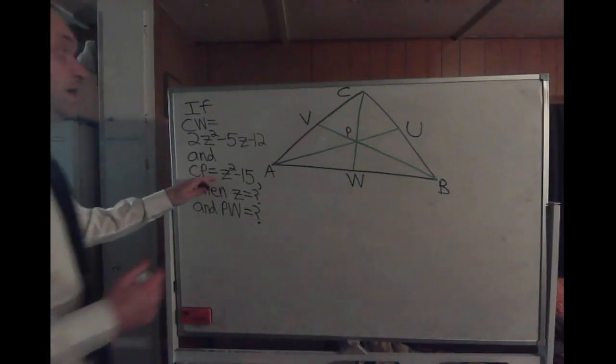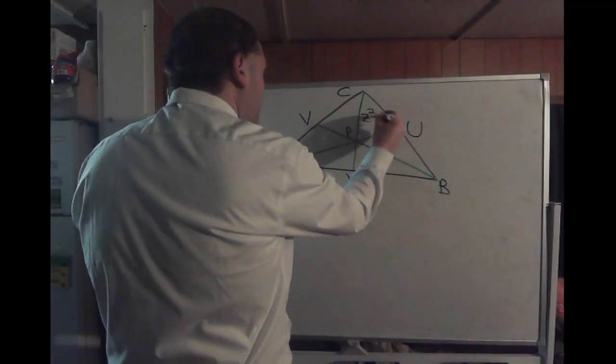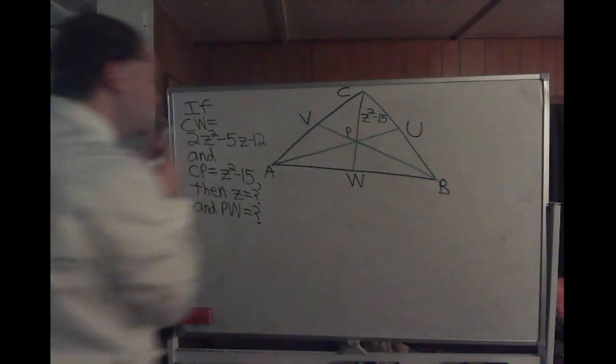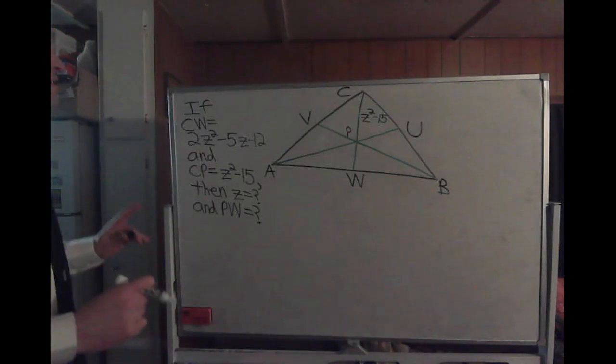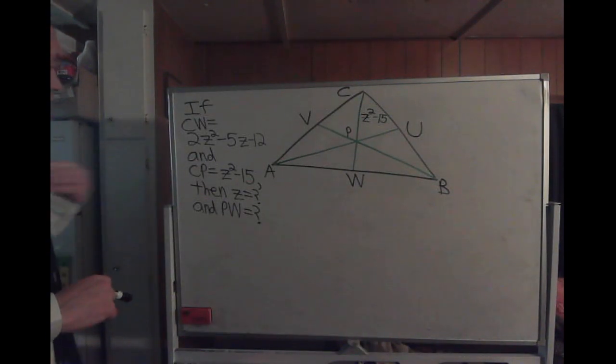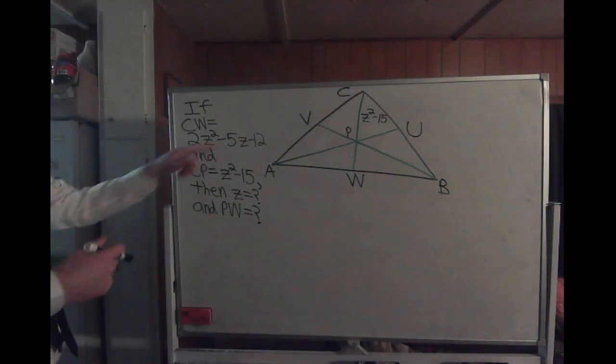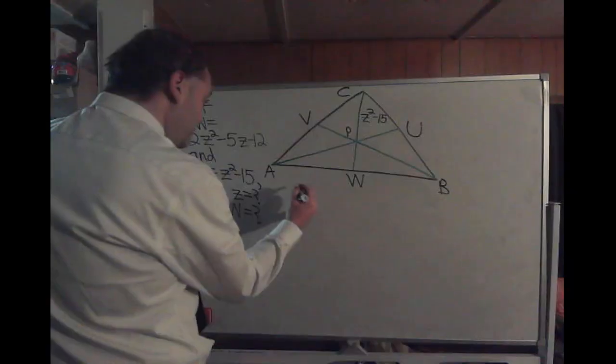Well, CP equals z squared minus 15. We can do that here, right? Here's where it gets fun. We know that CP would then be 2/3 of CW, right? Let's write that out here.